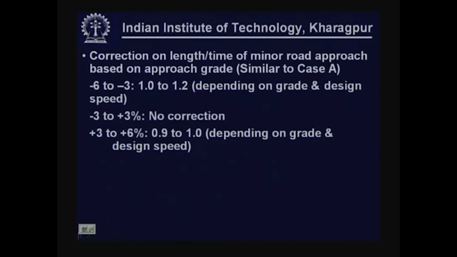Similarly, for +3 to +6% grade, the value will vary from 0.9 to 1.0, again depending on grade and design speed. This is similar to what was used for case A to apply corrections based on grade.